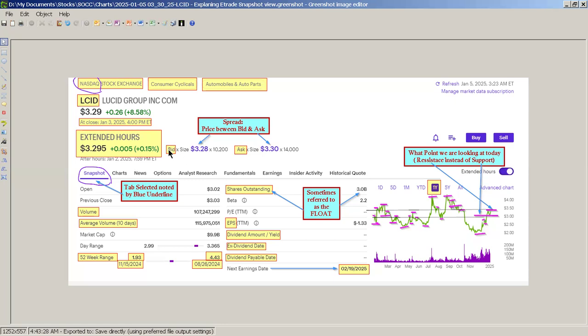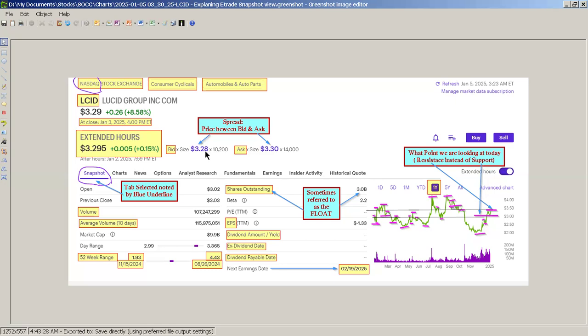What I highlighted. So you see it's got bid times size, ask times size. Sometimes you would hear this referred to as bid to ask. The difference between the bid price and the ask price is called the spread. That's important because in here that spread is only 2 cents, 3.28 to 3.30.